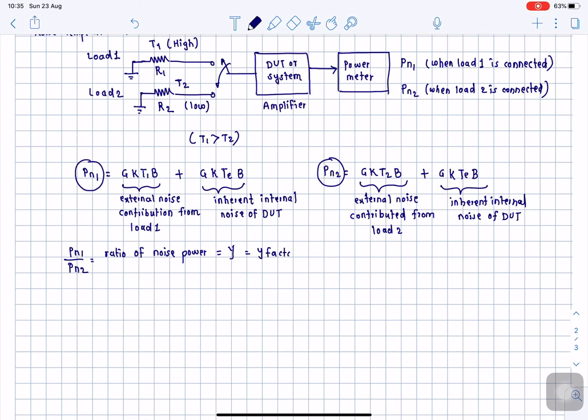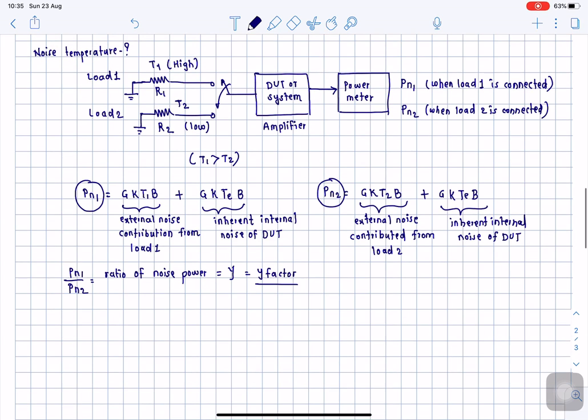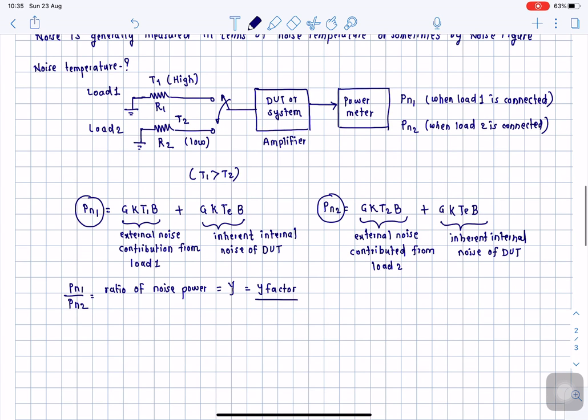So if I take the ratio of noise power, we call it a Y factor, and this is a measurement technique of the noise factor method, right?